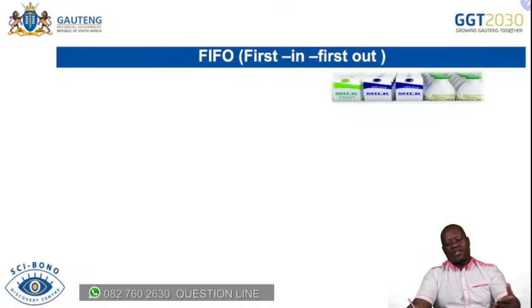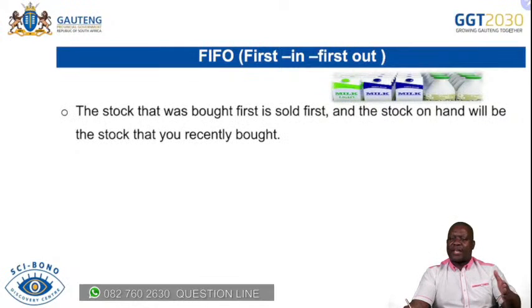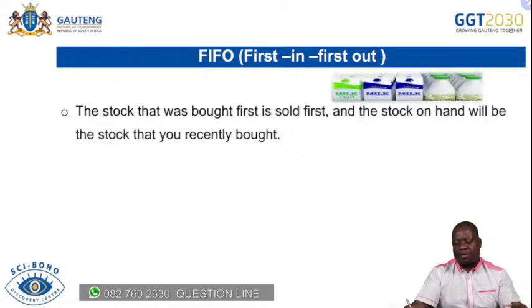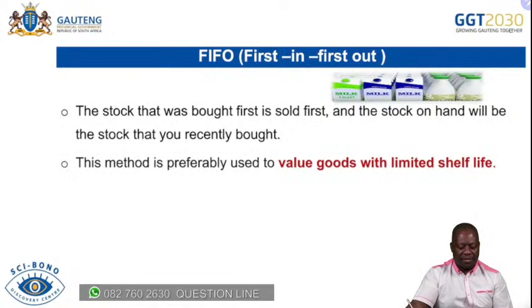Now, let's look into it. Starting with the first one, first in, first out. Now, this works on the assumption that the stock that was bought first is sold first. The stock on hand will be the stock that you recently bought. We use it for products like what you are seeing on the screen, your perishables.